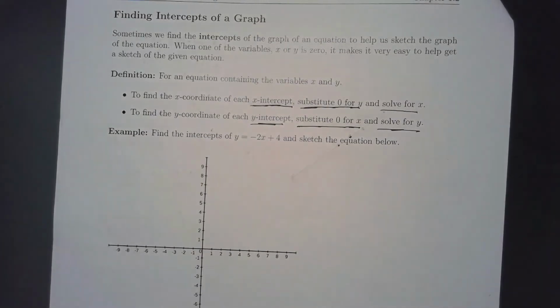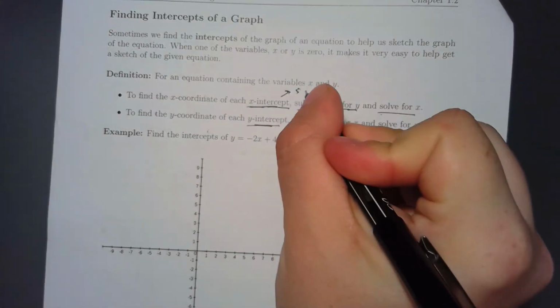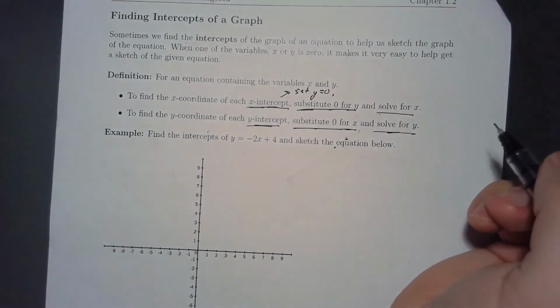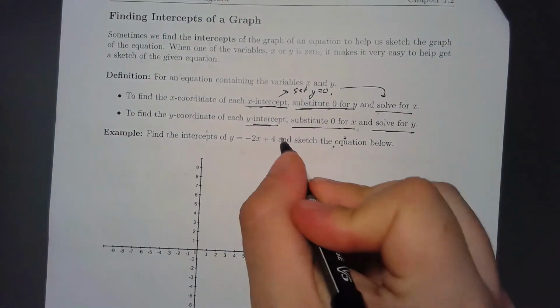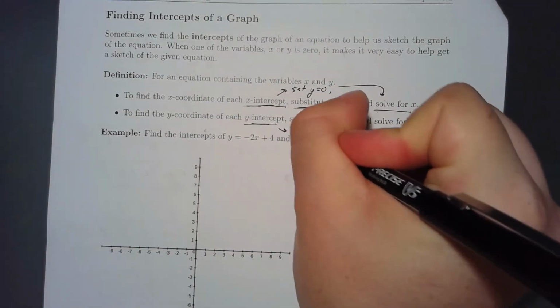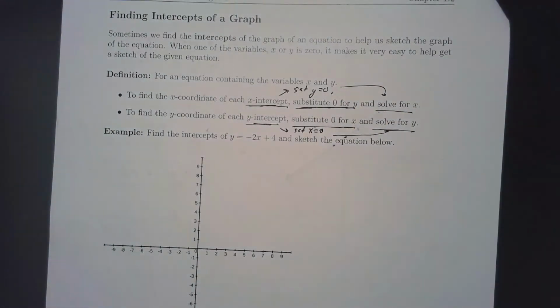So basically, to find the x-intercept, set y equal to 0 and then solve for x. To find the y-intercept, set x equal to 0 and then solve for y.